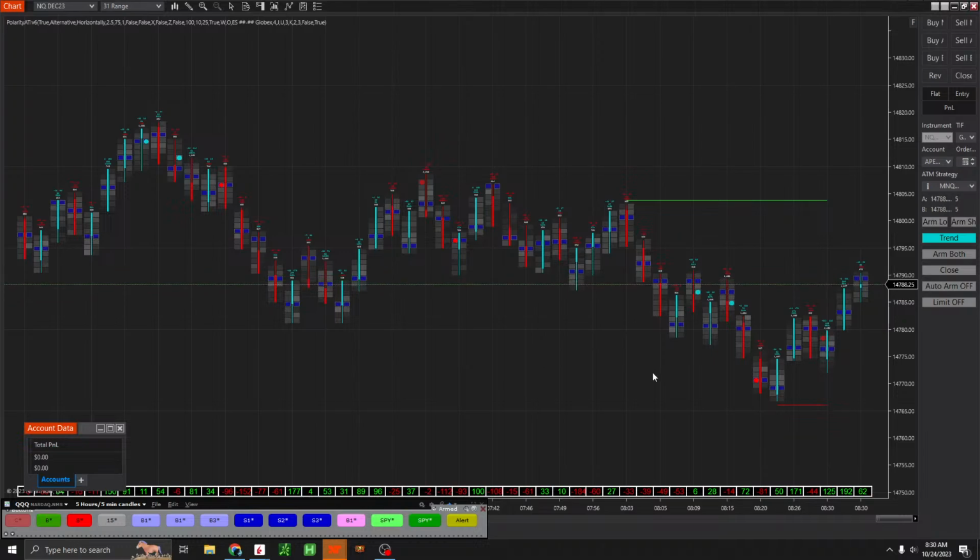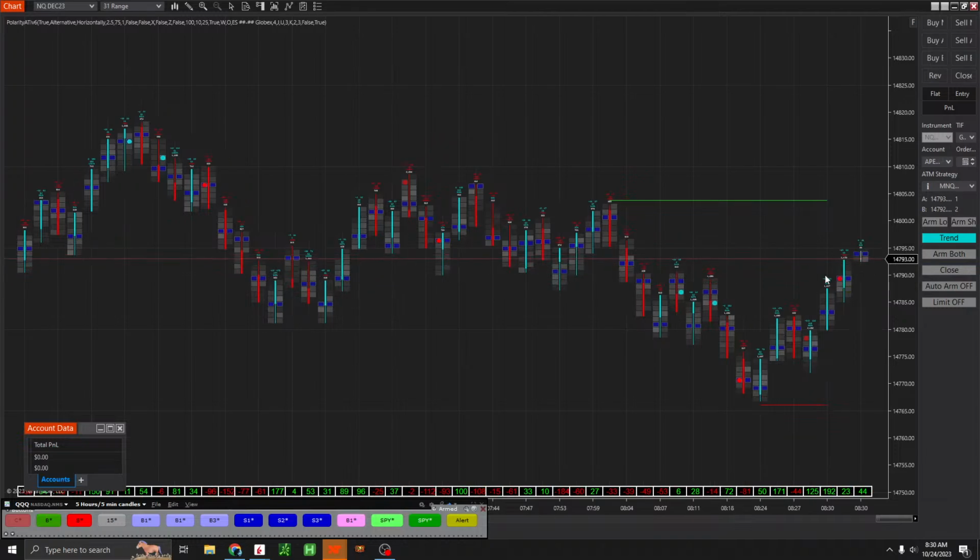Okay, so I'm gonna only enter on a double absorption and not just a single absorption. So that's bullish, but obviously I'm not gonna enter because we have this resistance right on the top there. But obviously we could go up.